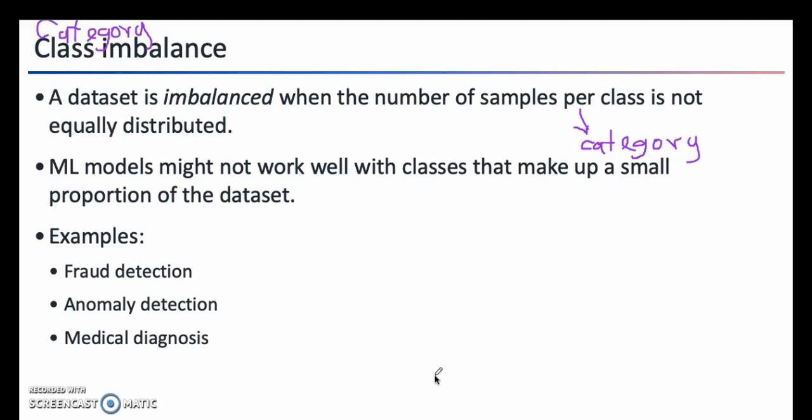So here you may easily consider a hypothetical case where you have a sample of 50 non-fraud transactions and one transaction that is classified as fraud. So that would give you a ratio of 50 to 1.